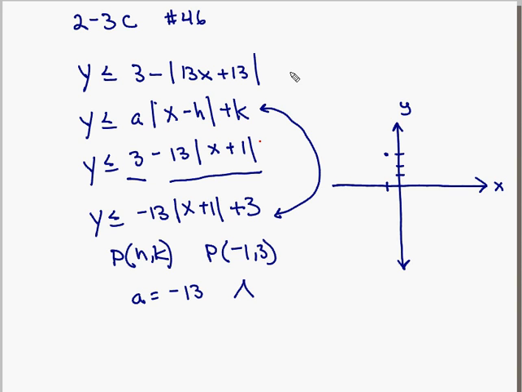So at this point I'm going to select a y, my choice. I know my y's got to be less than 3, so my y has to be down here in this region someplace. It could be even 0. It could even be 1 if I wanted to. Matter of fact, maybe that would be easier. Let's let y be 1.